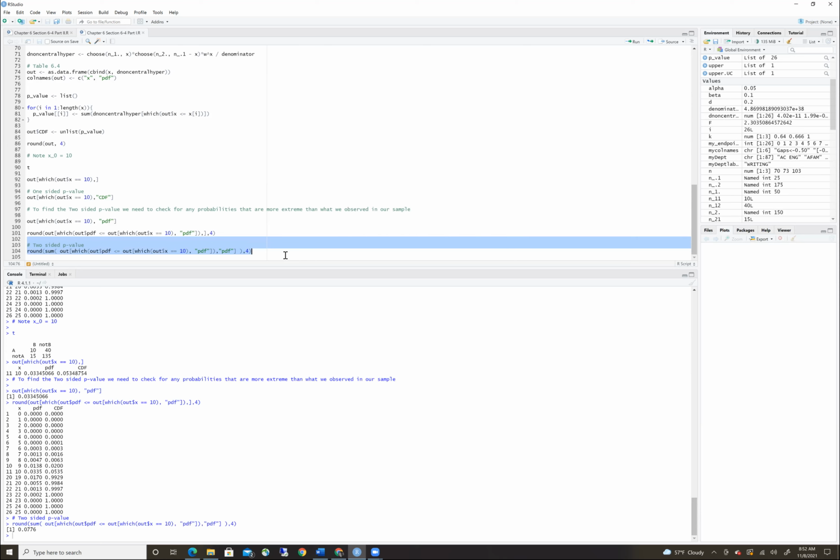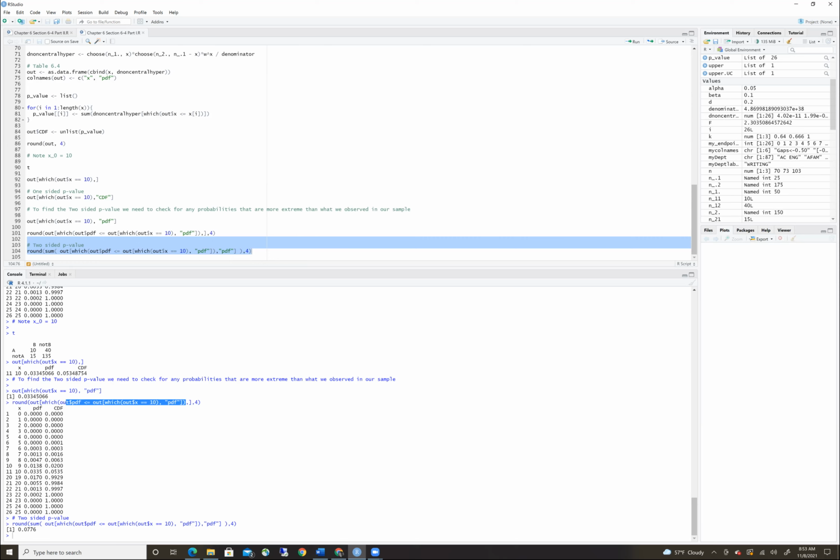In our book, it talks about the resulting p-value where we correct for round off. Essentially here, let's break this down. We're going to round the table of out where the PDF is less than or equal to the value of the out PDF at X equals 10. So let's look at this.